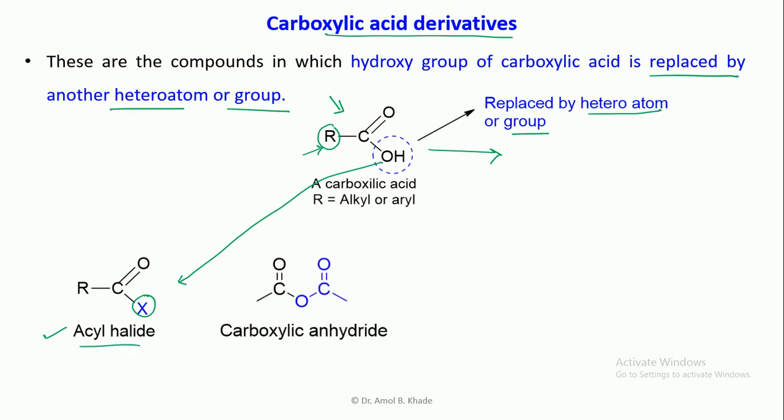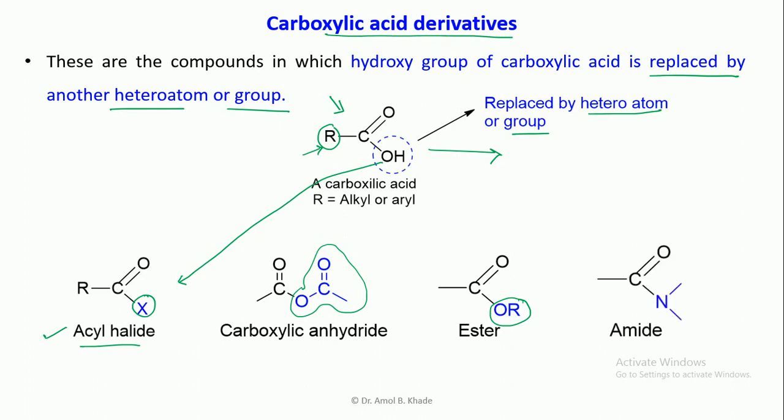Okay, then if you are replacing this OH with another OC double bond O, like that, then it is considered a carboxylic anhydride. Okay, then when this OH is replaced with OR, so it will become COOR, with any alkyl group or aryl group, so it will become an ester. Okay, so ester is a derivative of carboxylic acid.